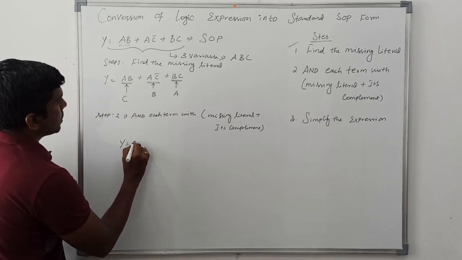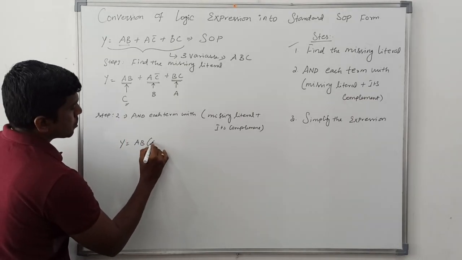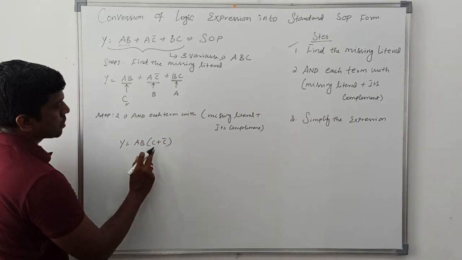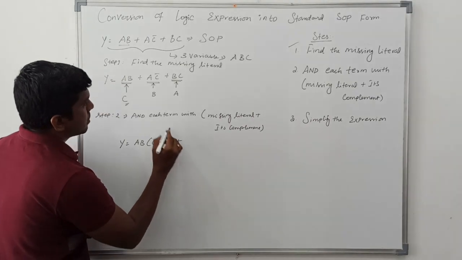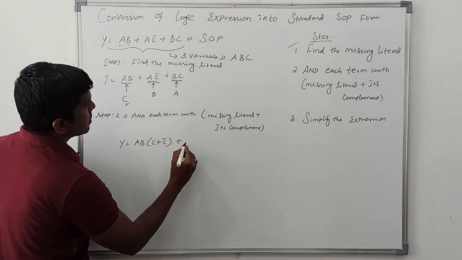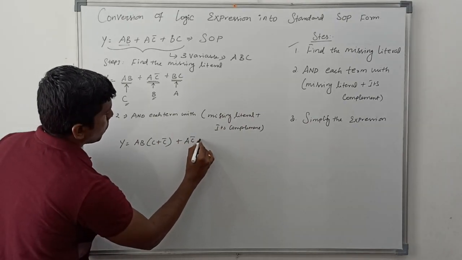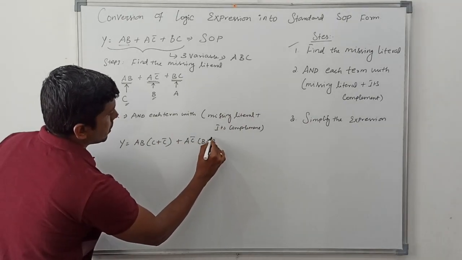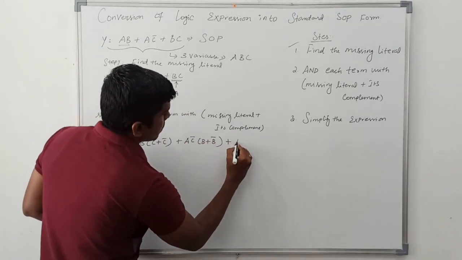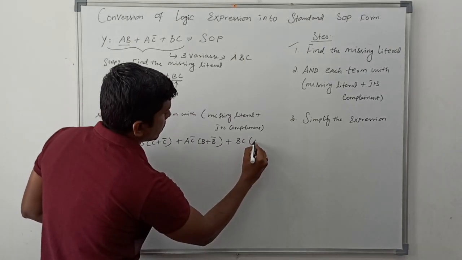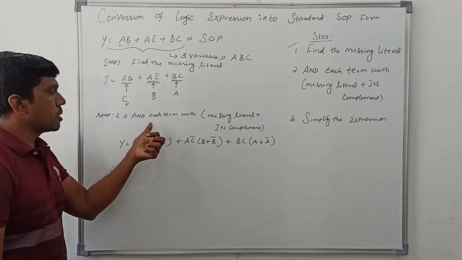So y equal to AB, here the missing literal is C, so C plus C bar, the missing literal plus its complement. Plus then we come to the second term AC bar. Here the missing literal is B, so AC bar times B plus B bar. Then BC, where the missing literal is A, so A plus its complement A bar. So the second step is over.